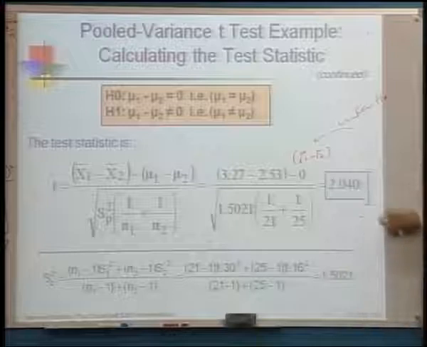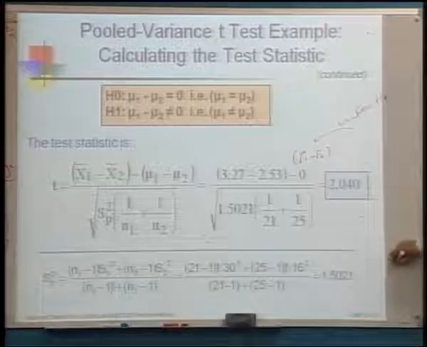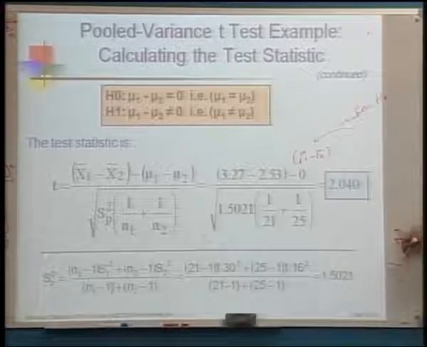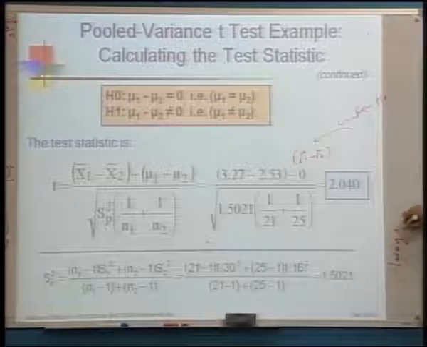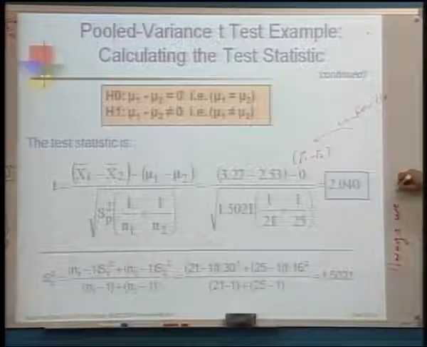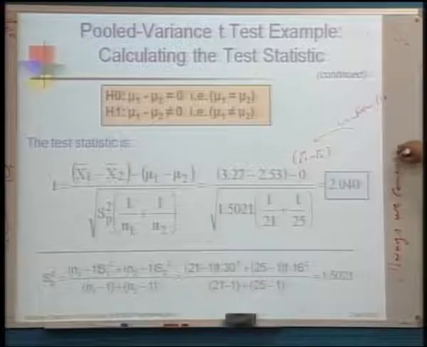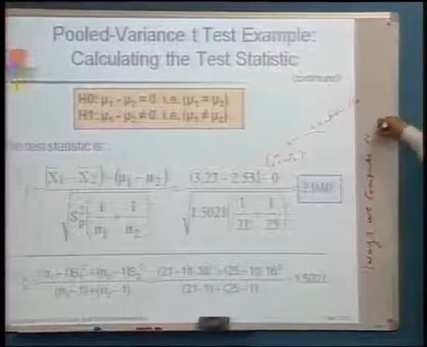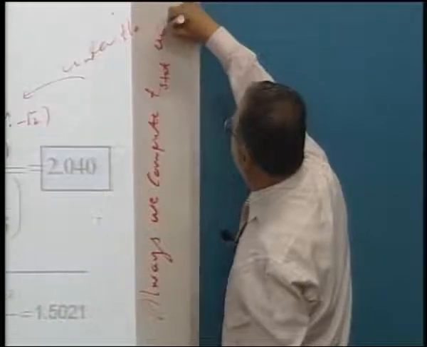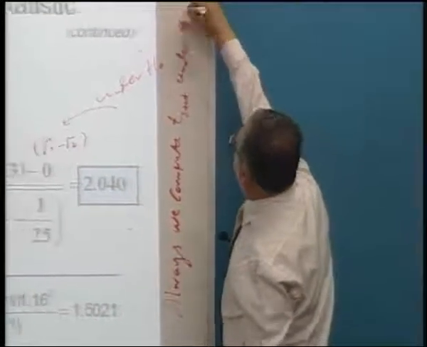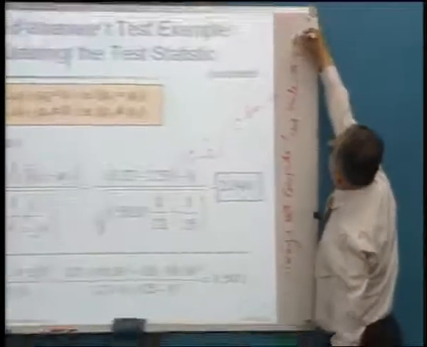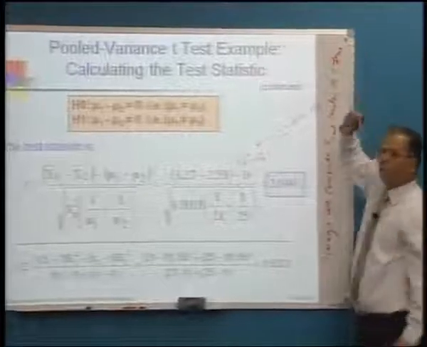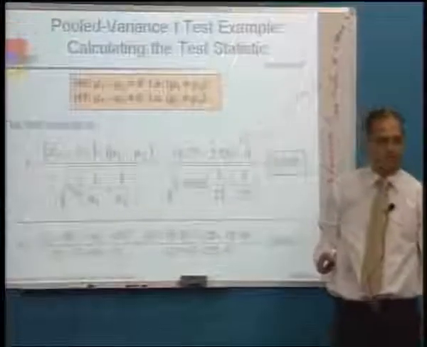So always we compute the t statistic under H0 is true. Always. Otherwise, we cannot compute the statistic.